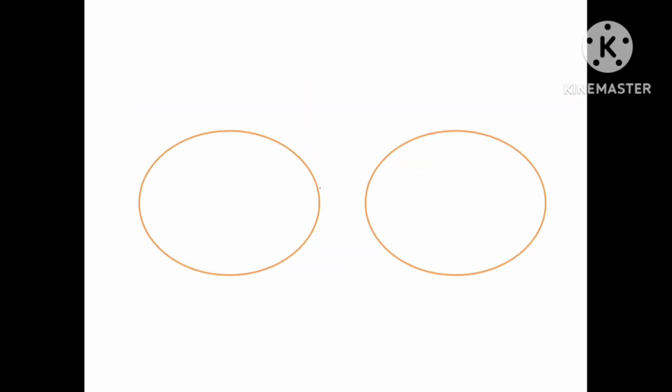Let me say, for example, this is a coil. Current is flowing in this direction, in the clockwise direction, and this is in the anti-clockwise direction.